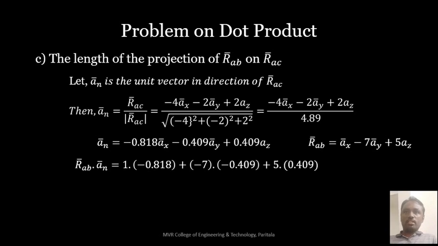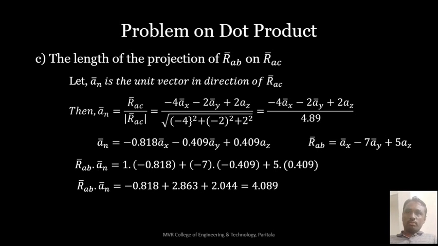Here minus 7 times minus 0.409, and the z component is 5 and here it was 0.409. So it is equal to minus 0.818 plus 7 into 0.409, which gives 2.863, and 5 into 0.409, which gives 2.044. So the final result is 4.089, and this is the length of the projection of RAB on RAC.